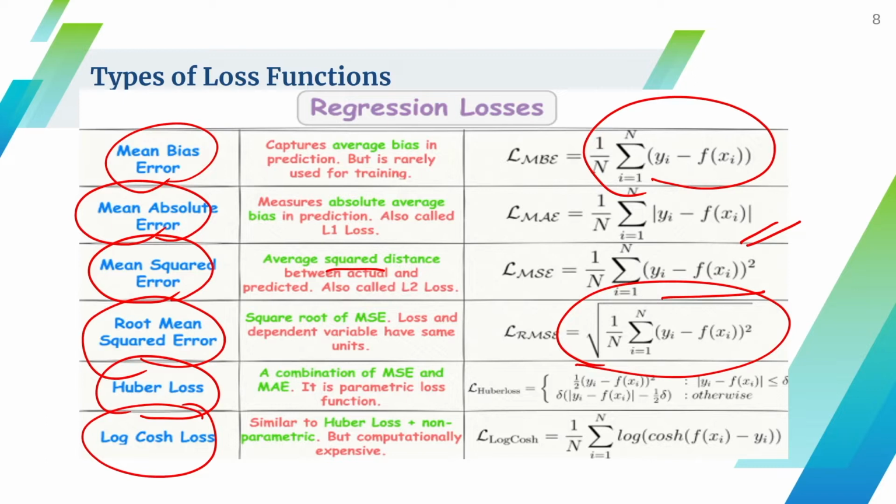If you see here, the y minus f x whole square value is given and the absolute value is also given, depending upon how we take the delta value. So, it is a combination of both. And the last one, log cosh loss, is similar to the Huber loss method, but it is computationally a little bit expensive, and some non-parametric values have been added to this.